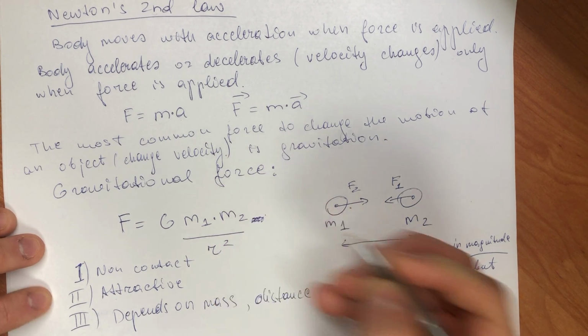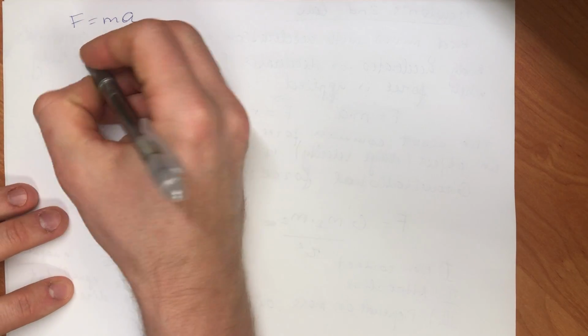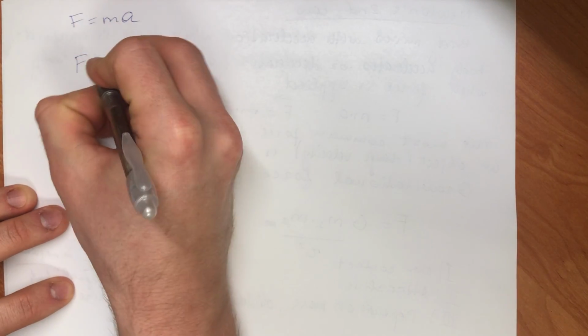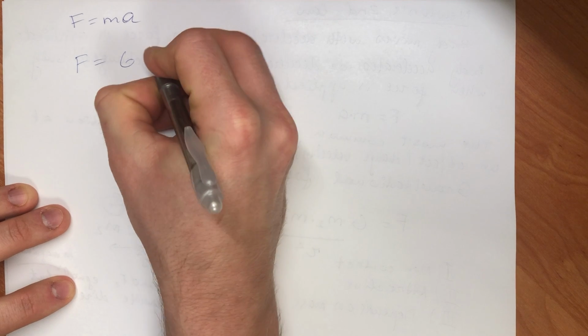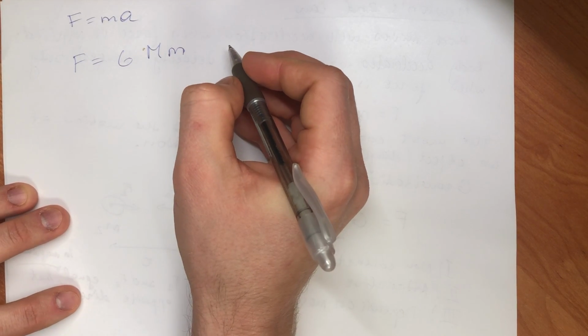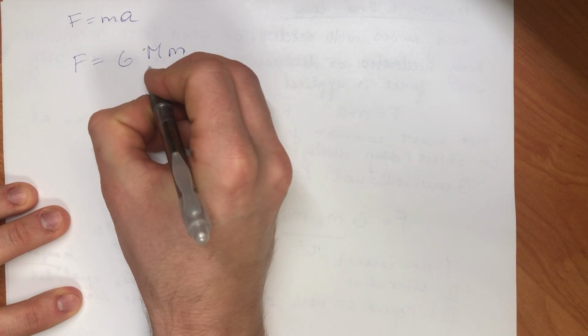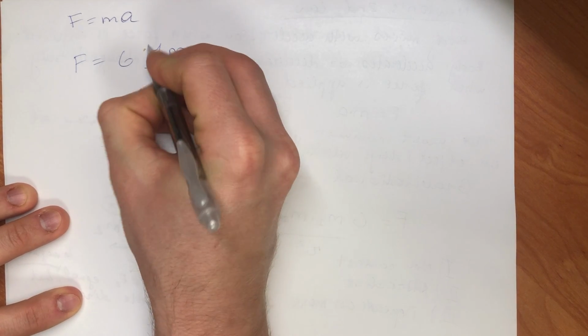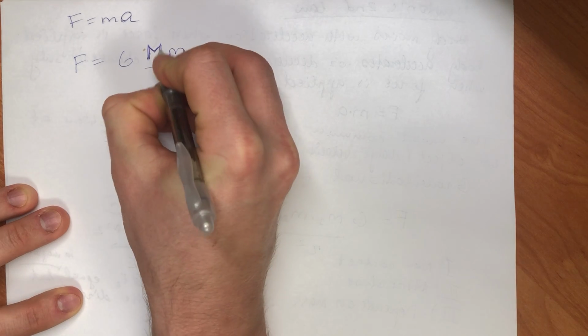Let's write on the other side, so keep it clean. This capital M refers to the mass of Earth.